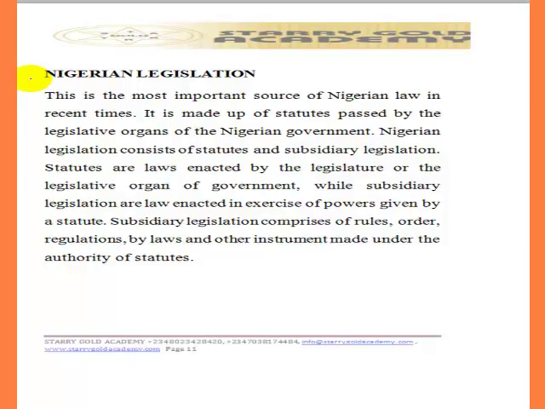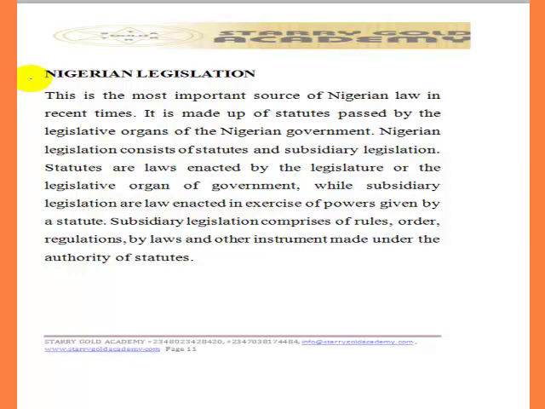In Nigeria today, we have the National Assembly and the State House of Assembly. These are the two constituted bodies that pass law in Nigeria. The National Assembly passes what is known as an Act of National Assembly, while the State House of Assembly passes what is known as a law of a state.